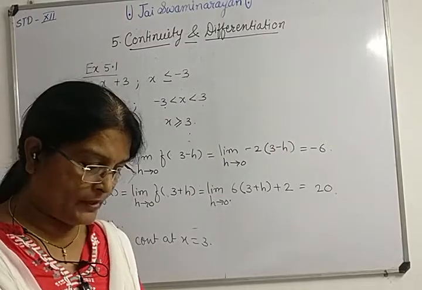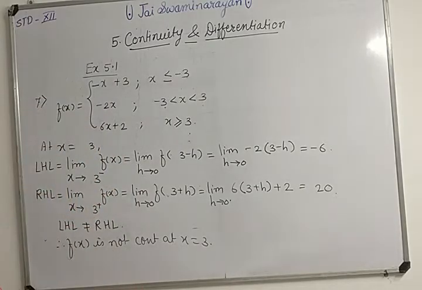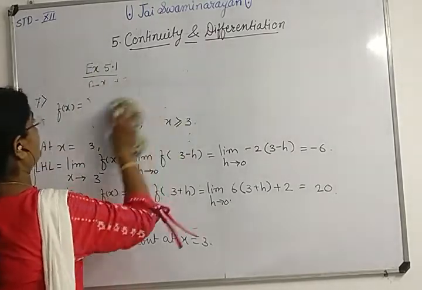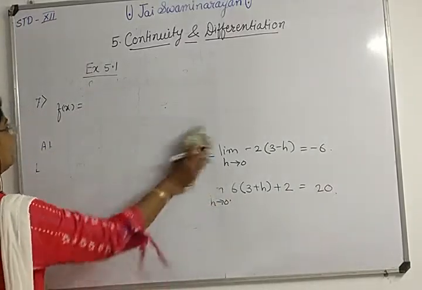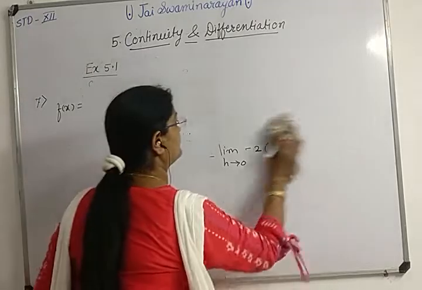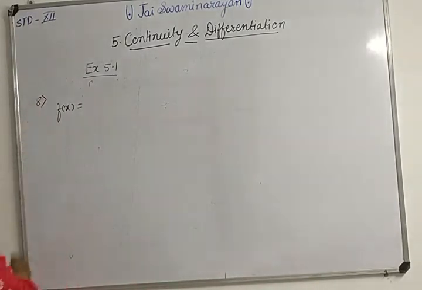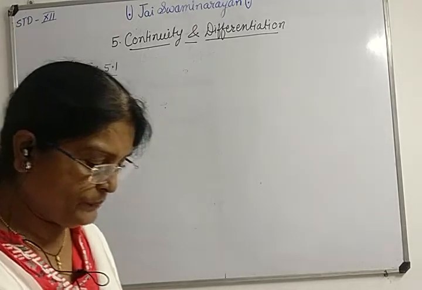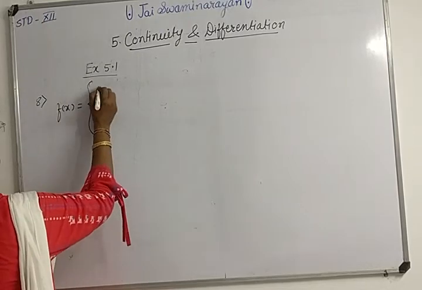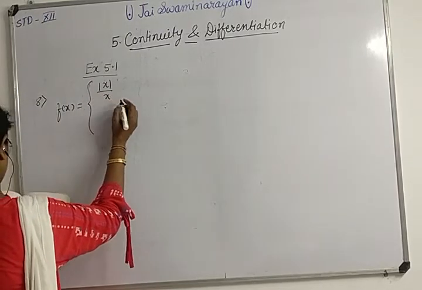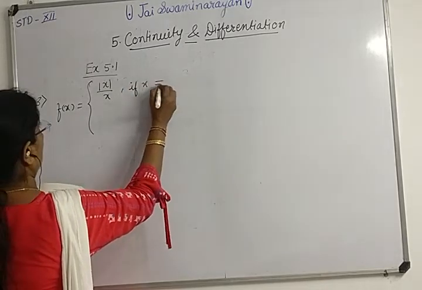Now like this, the question number 8 that I am explaining, f of x equal to mod x upon x if x is not equal to 0.